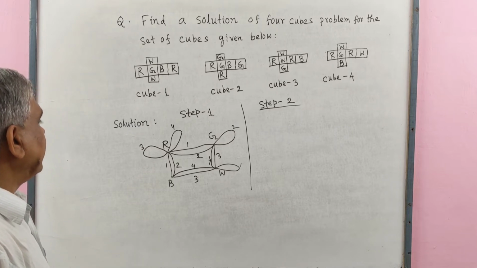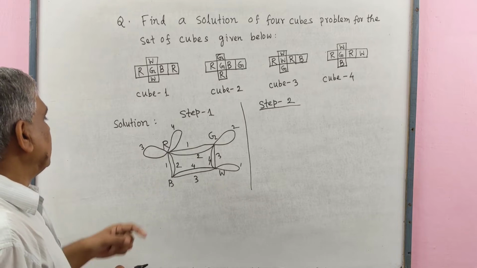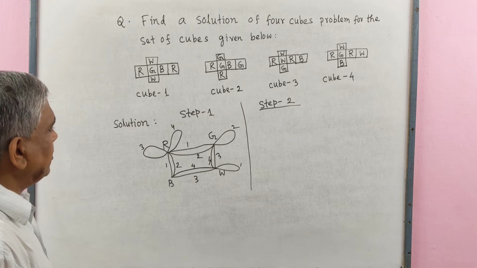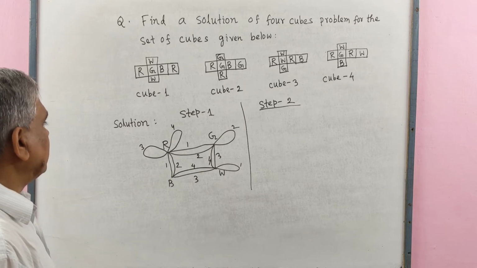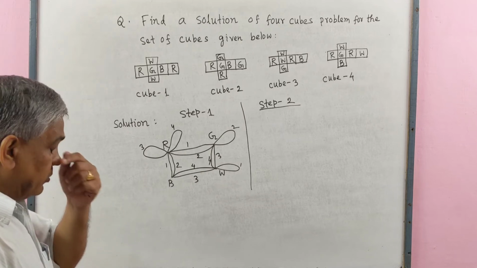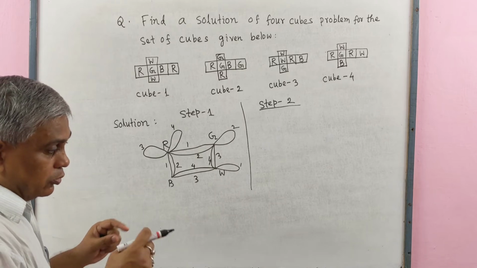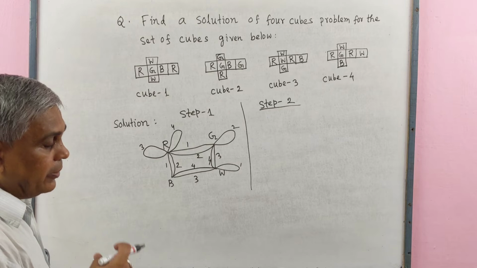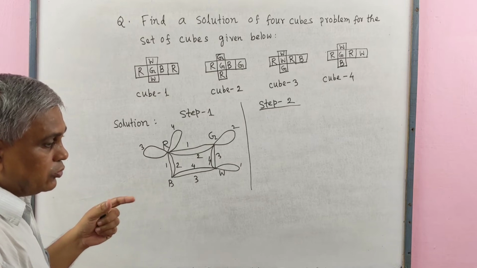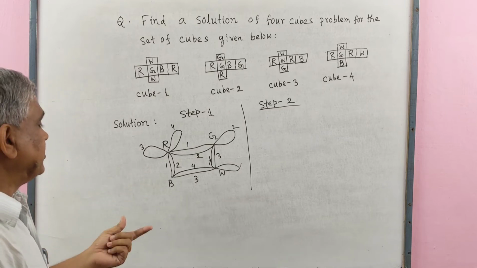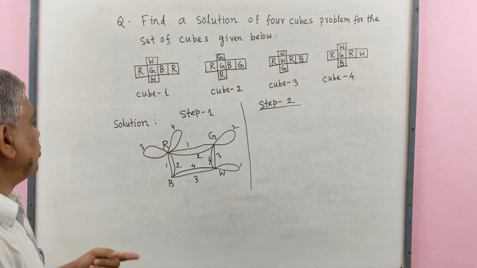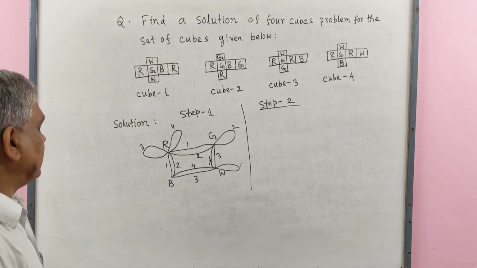So we need a graph with 4 vertices of 4 colors and 4 edges, 2 opposite faces, 1 edge. Since we have 8 faces, so we will get 4 edges. So we need a graph with 4 vertices and 4 edges.